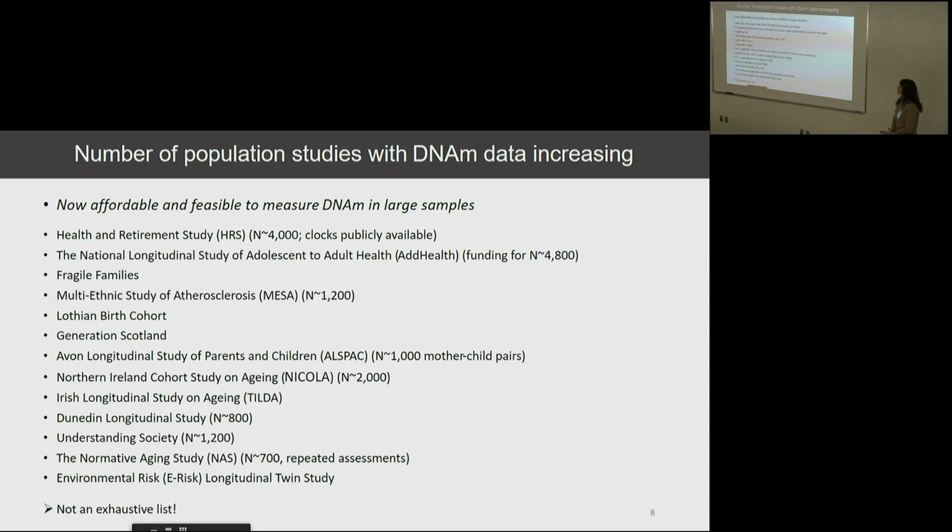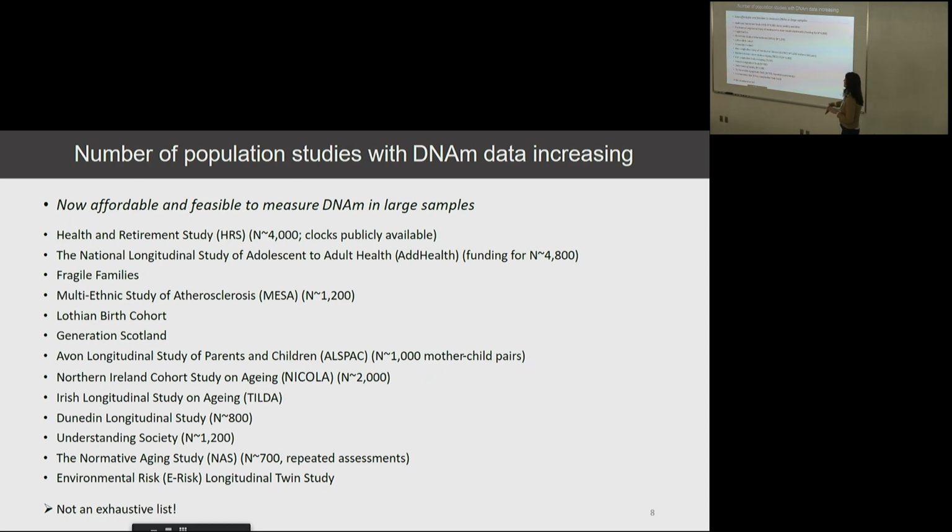Just to point out that there are a number of population studies now that have DNA methylation data, and that number is increasing, in part because it now is pretty affordable and feasible to measure DNA methylation in large samples. So the Health and Retirement Study just recently released DNA methylation data on around 4,000 people. They haven't released the CpG level data yet, but they have released other epigenetic clocks, which we'll talk about.